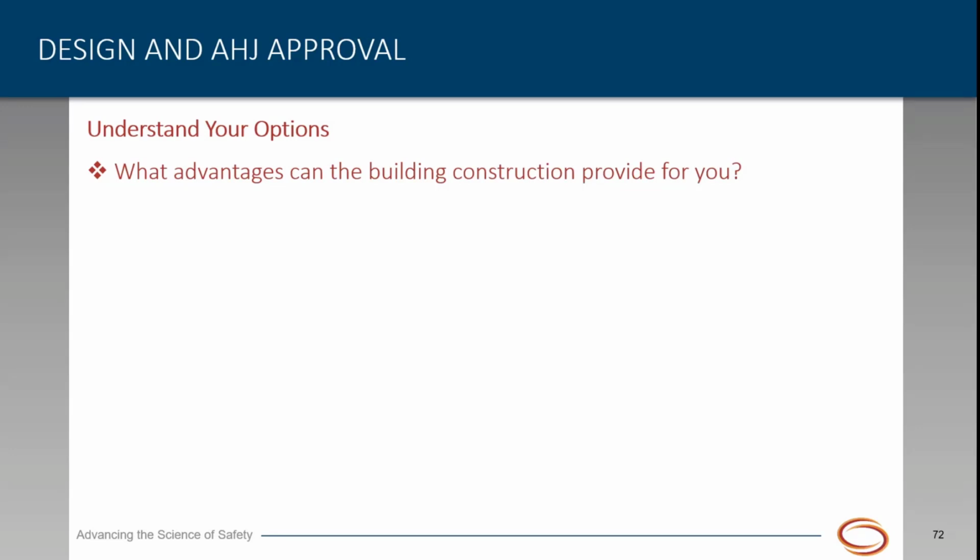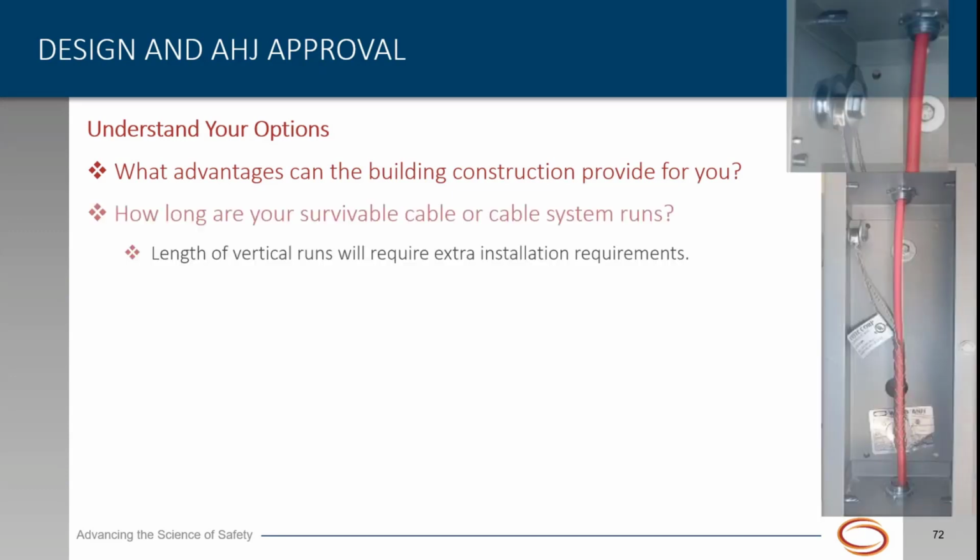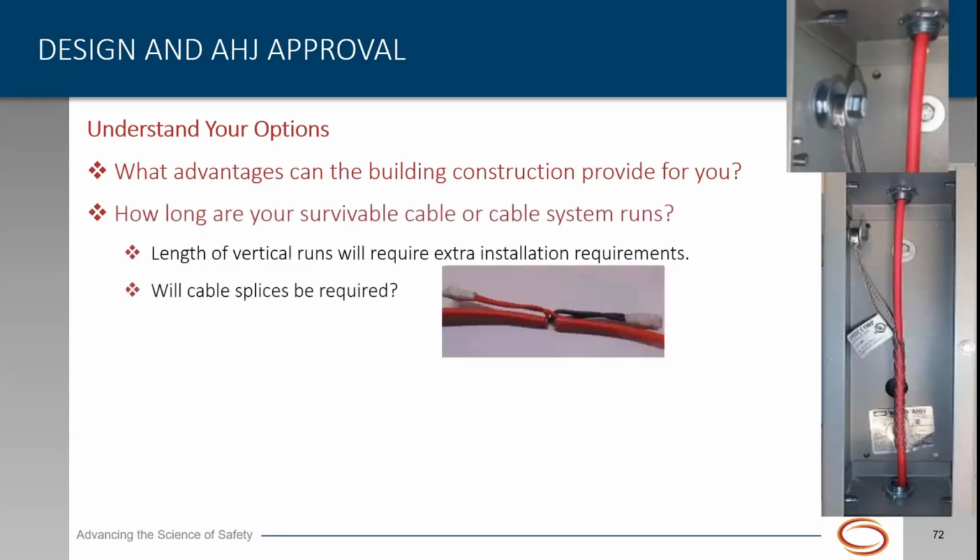Speaking of that, how long are your survivable cable or cable system runs? This will vary greatly depending on your fire alarm control unit infrastructure. Can you make changes to the fire alarm unit layout to make better or limited use of survivable cable? Depending on the length of the vertical run, you may require extra installation requirements.